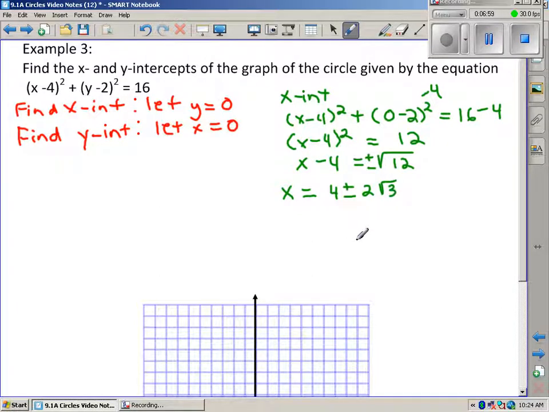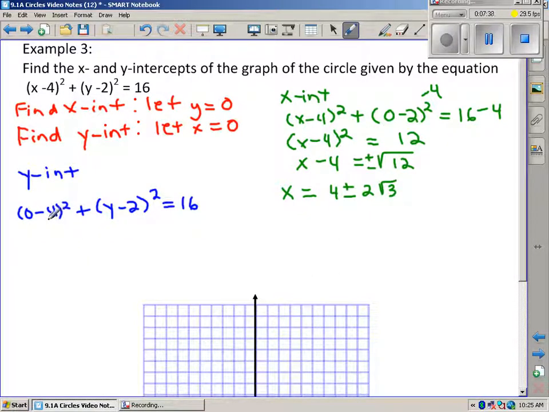Let's go ahead and find our y-intercept, and I'm going to do that over here. So to do that, I'm going to let x equal 0. So I have 0 minus 4 quantity squared plus y minus 2 quantity squared equals 16. So when I square this, I'm going to get positive 16.